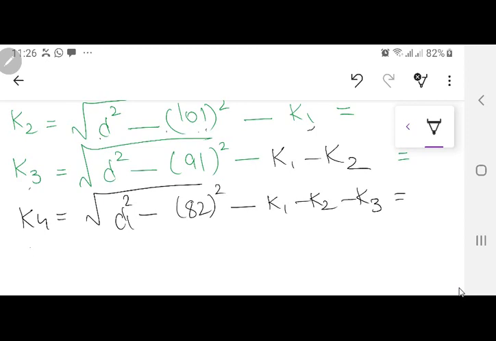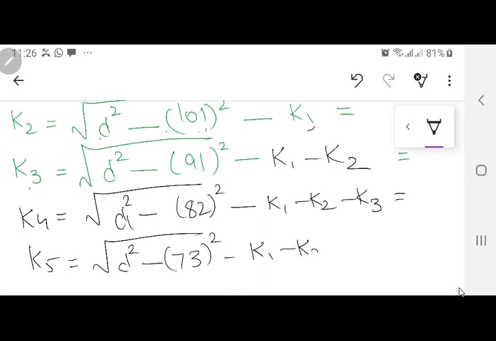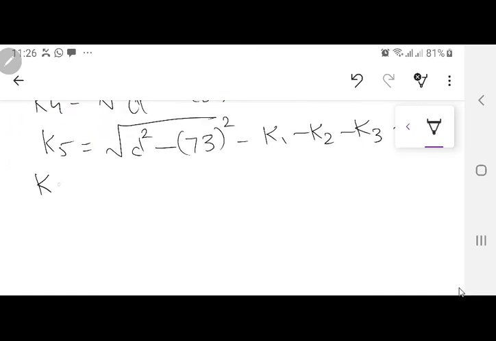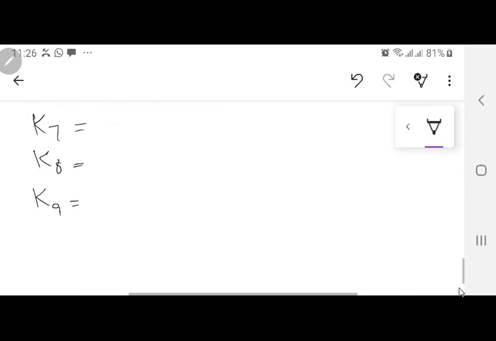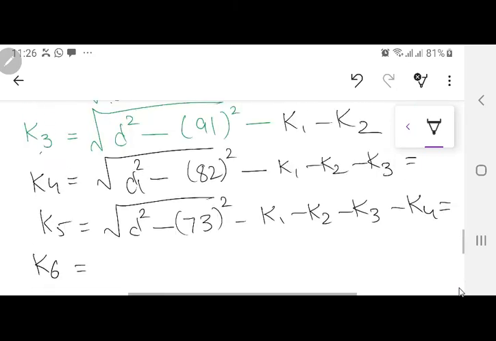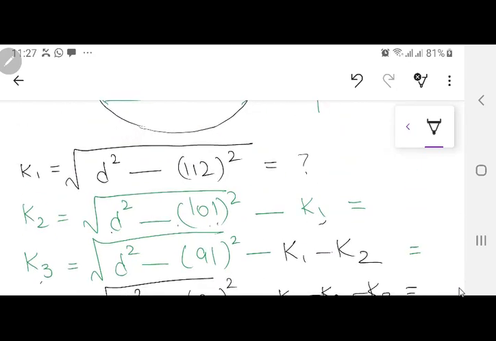K5 is D square minus, क्या है जी, 73 minus K1 minus K2 minus K3 minus K4. Similarly K6 and K7, K8, K9, K10 and K11. जी please do this one. K1, K2, K3, K4 ये वैल्यू जरा करो अपने पास.